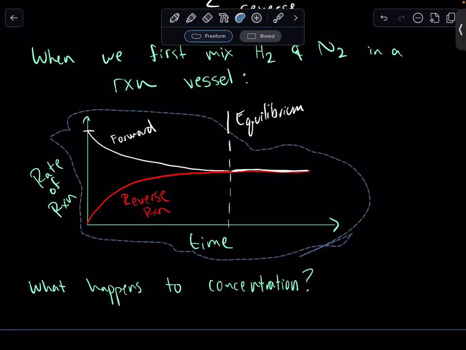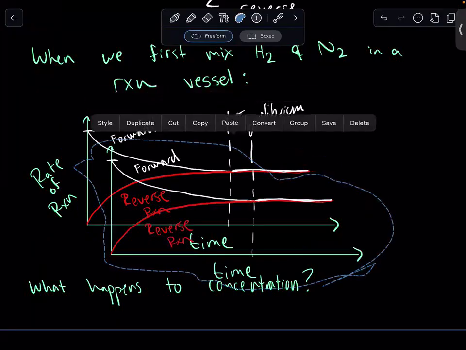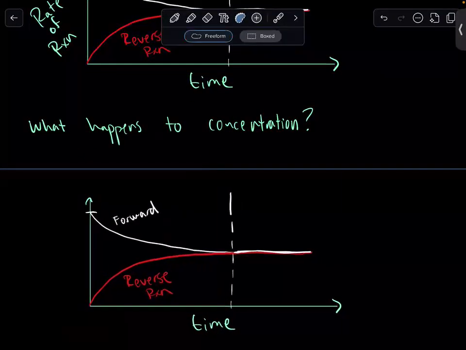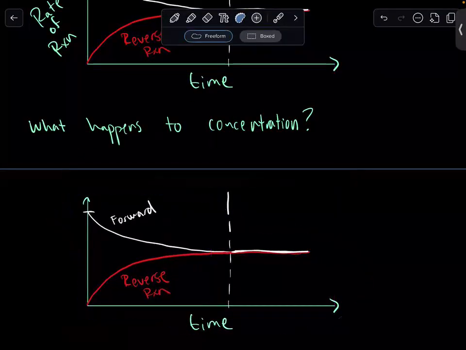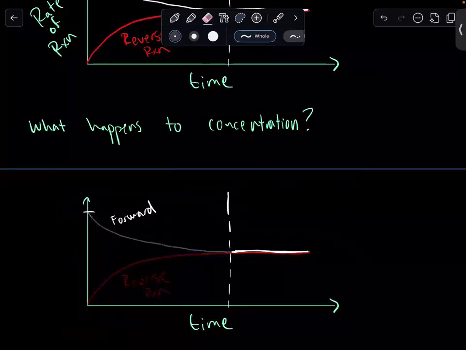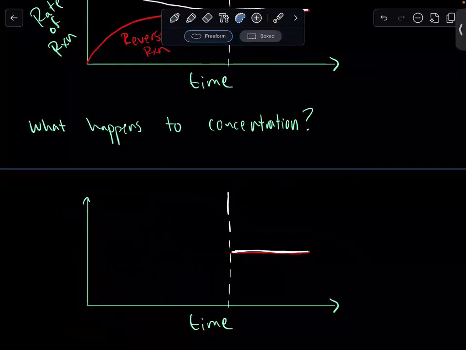I just want something approximately the same. And we're going to delete some aspects of this. We'll keep the time that we reach equilibrium the same. But other than that, we'll delete everything else. So now we're looking at concentration of our reactants in mole decimeter cube inverse, as well as concentration of products.